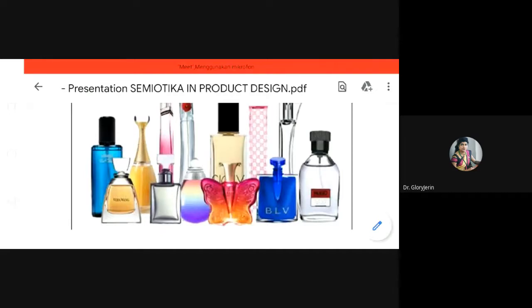Perfume sales messages are conveyed visually through packaging design, which represents the sales target, namely the gender segment of the perfume product. Packaging design also reflects or represents product content and identity. Packaging design can attract the attention of potential buyers of a certain gender target.